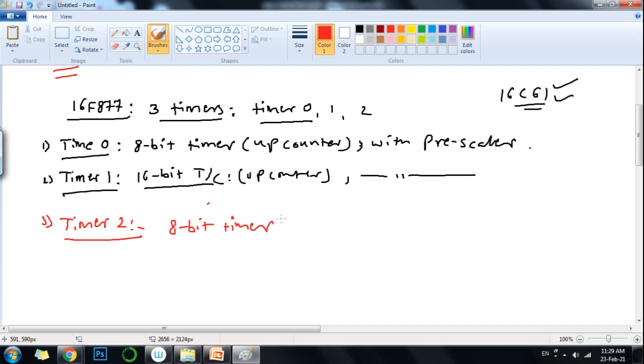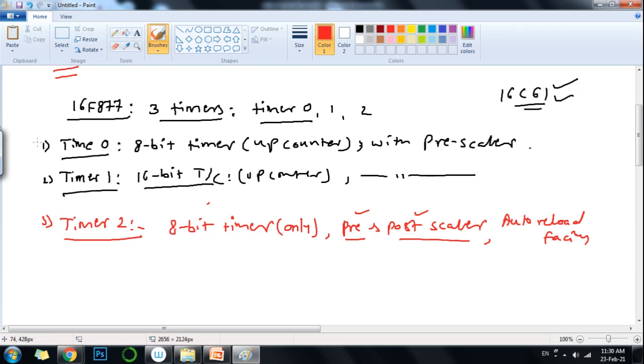It is timer only. It cannot be operated as a counter. It has a pre-scaler and post-scaler, so frequency can be divided at the input of the timer as well as at the output of the timer. Two different scalers are available. And this timer typically has an auto reload facility.